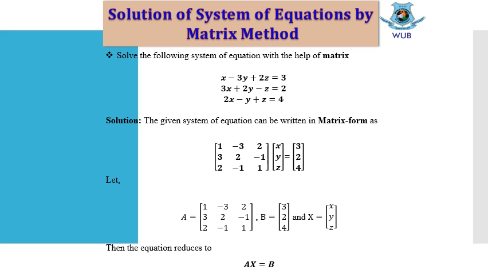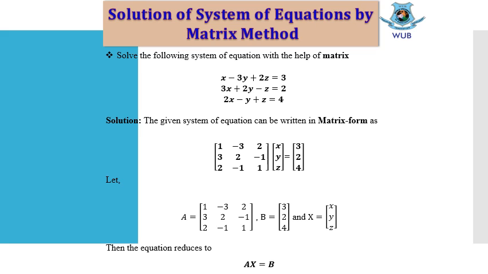By this way we can find out x, y, and z's values for each equation and write in this format, which is one matrix dot another matrix, which contains x, y, and z in the column format, equals to the constant value of the equation.